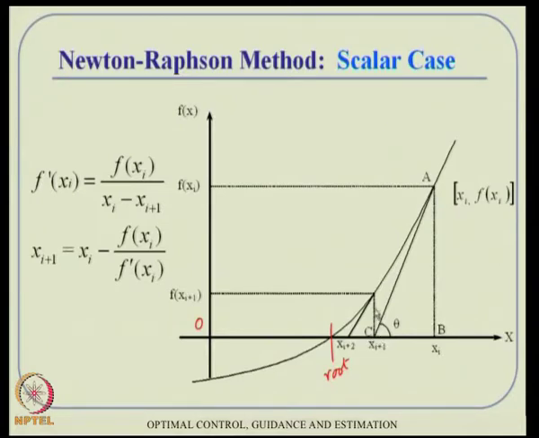So again I evaluate the function there, I again take the local derivative, extend that, and wherever it cuts, it is my xi plus 2. Again I go there, and then I will proceed further like that, and ultimately I will converge there. So that is the interpretation of that.